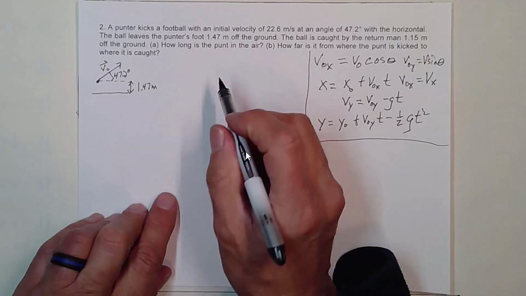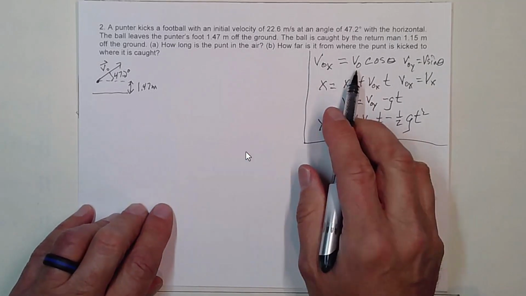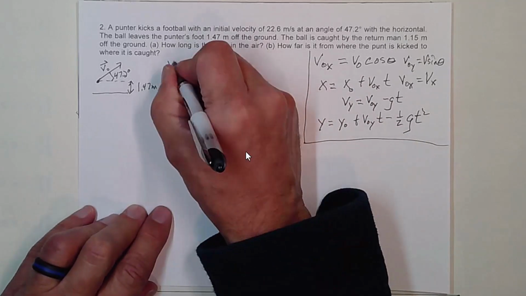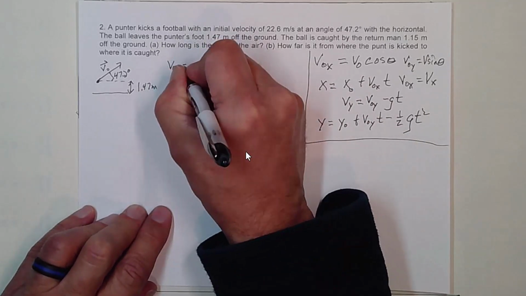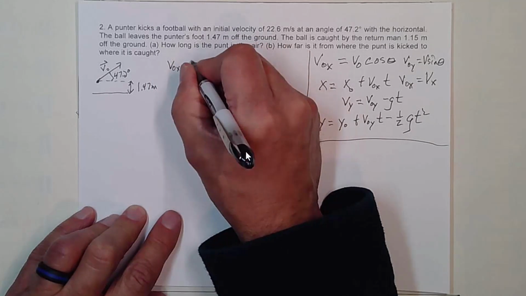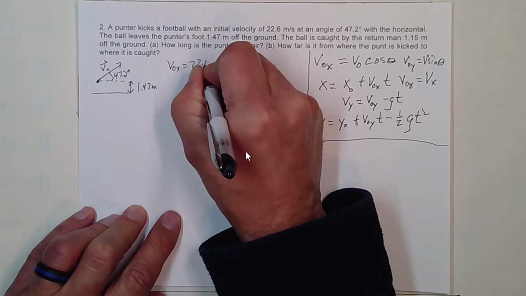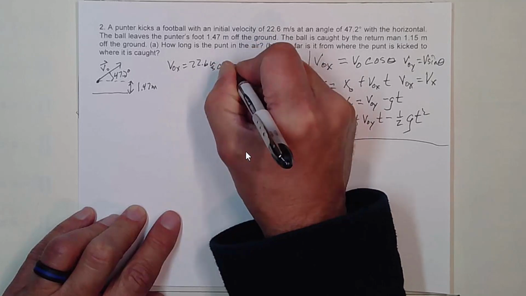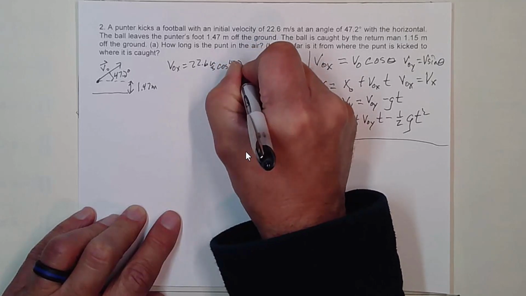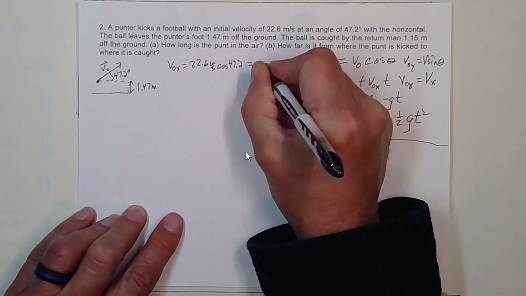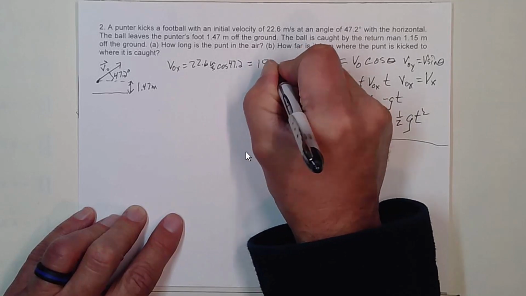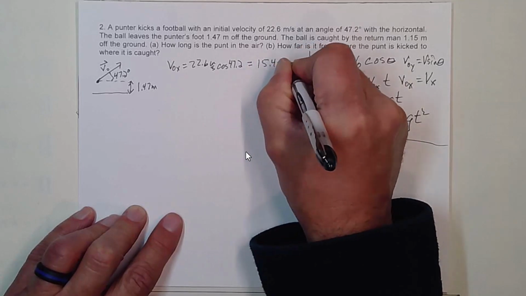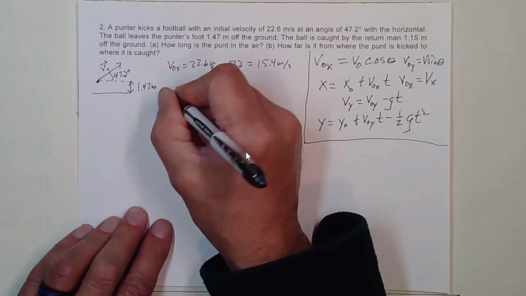Well, let's figure out V naught x and V naught y. V naught x will equal 22.6 meters per second cosine of 47.2, which is 15.4 meters per second when you plug it into your calculator.